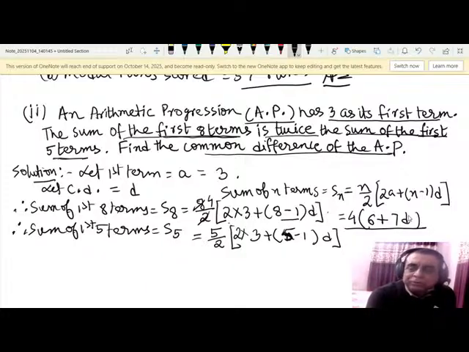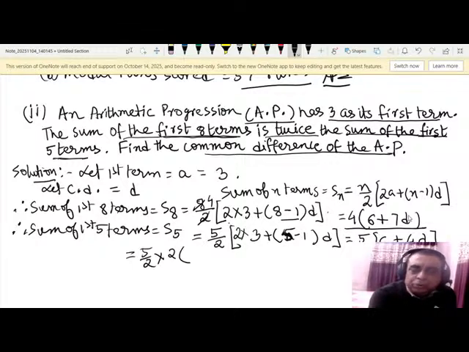On simplifying, what we get? We get 5 upon 2 times 2 times 3 is 6 plus 5 minus 1 is 4, 4d. Now you take 2 common out from that. So 5 upon 2, and 2 I am taking common from the 6 and 4d inside the bracket.